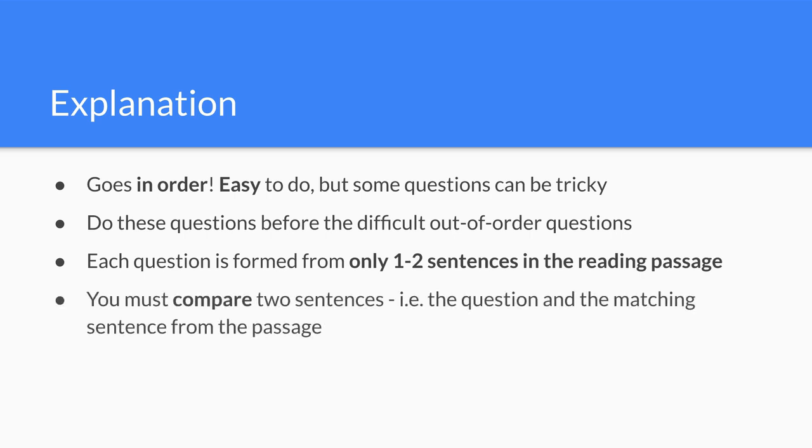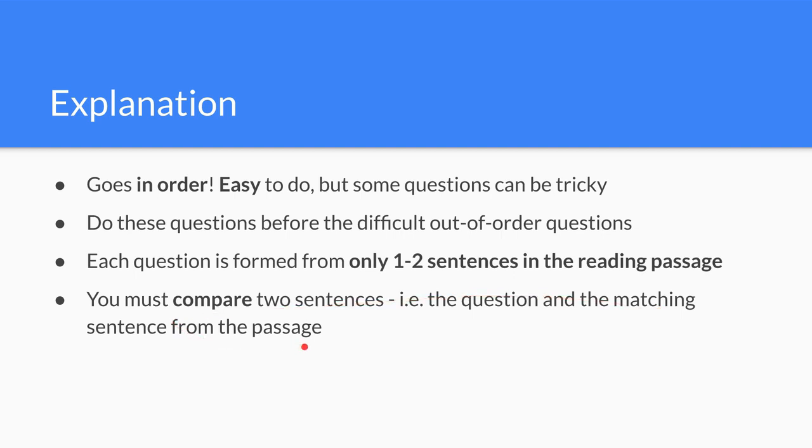Next, here's what's special about this question type. The way that you answer this question type is that you have to compare two sentences. So the first sentence is the sentence from the question, and the second sentence is the matching sentence from the passage.